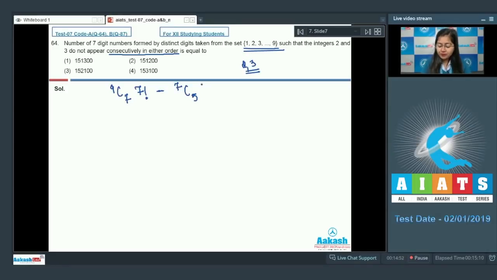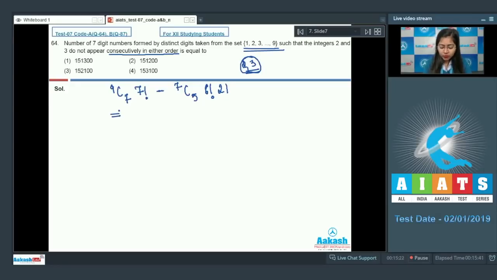Now we have selected these 2 and we have 5 other digits also, right? Now we will place 2 and 3 consecutively, right? So let us assume 2, 3 to be 1 digit, right? So we have total 6 digits. Now the total number of ways of arranging them will be 6 factorial, and we want to arrange 2, 3 also. So it will be 2 factorial, right?